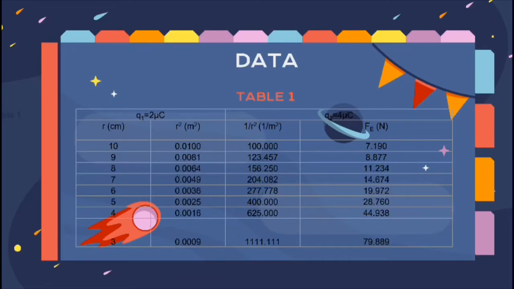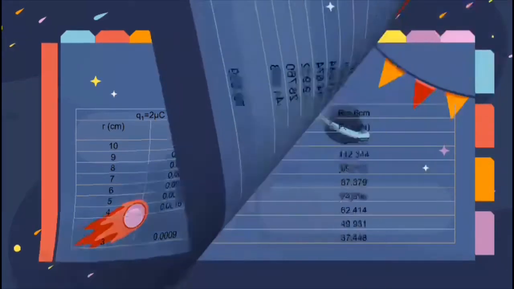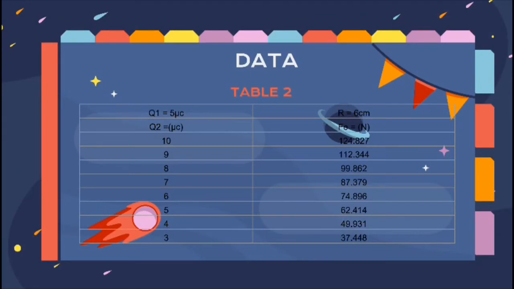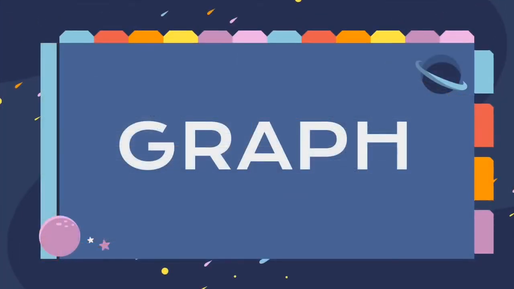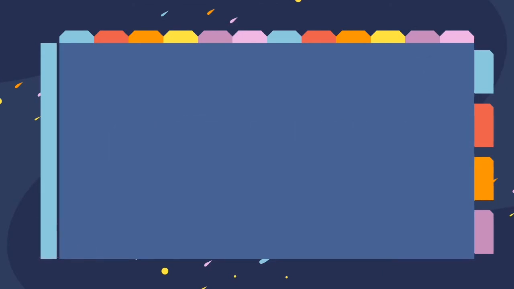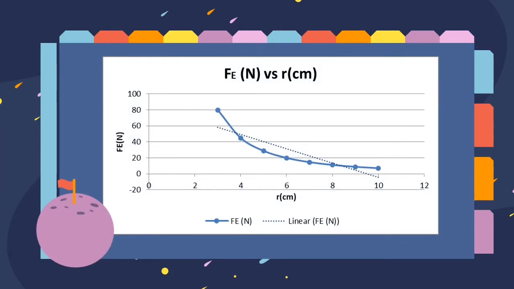Data. This is the result recorded in table 1. This is the result recorded in table 2. This is our graph for this experiment. The first graph is Fe versus r.